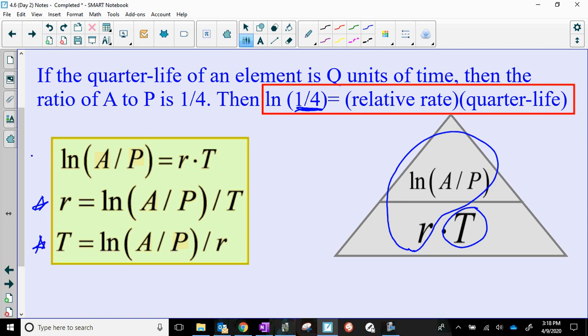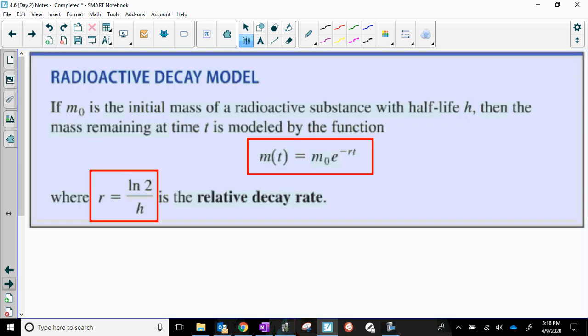If you just want to remember that the natural log of the ratio is the rate times time, then you can use a little algebra to solve for whichever piece you need. So we can figure out our rates using the half-life, and then we can actually get this pretty quickly.